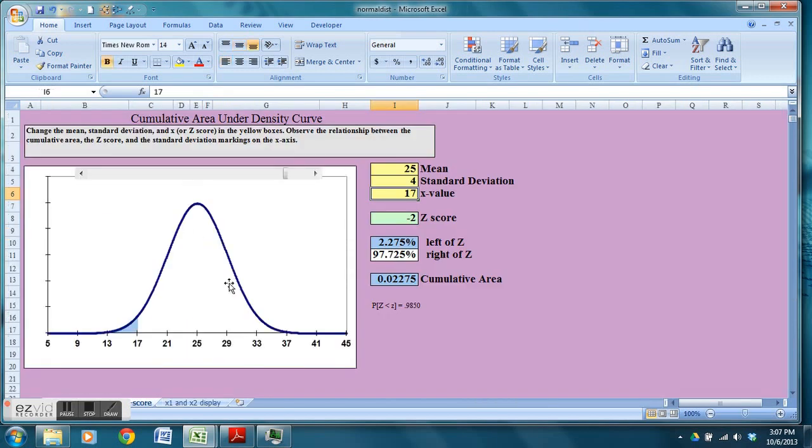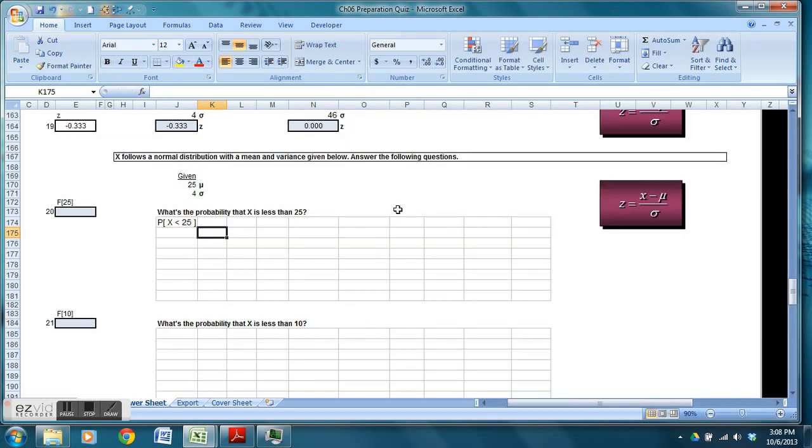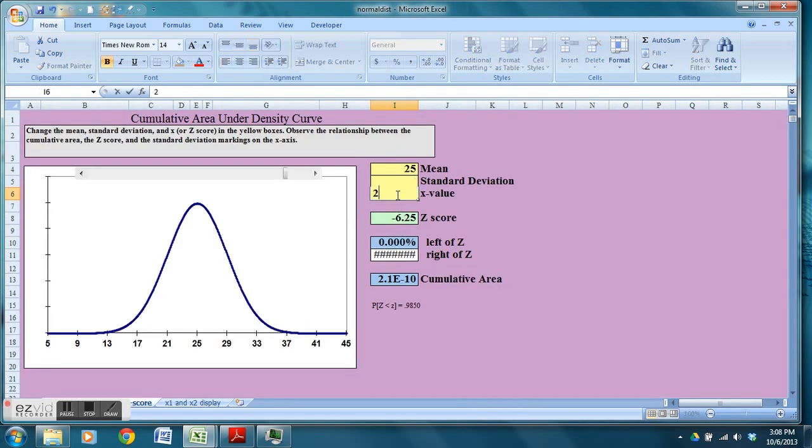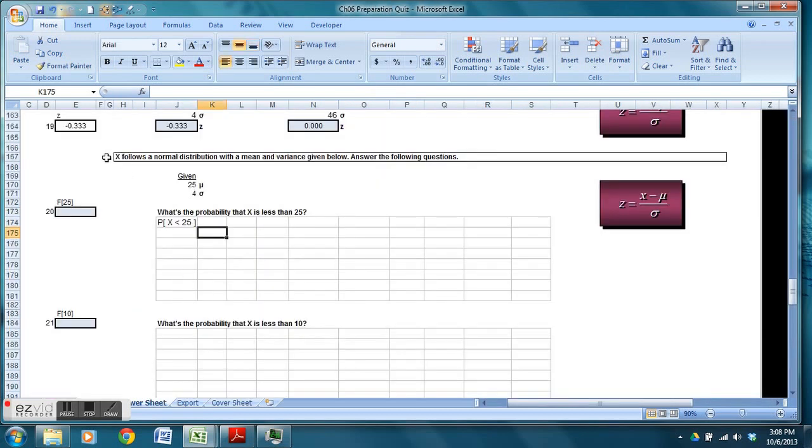That's 25, and we shade all the probability that we're interested in. The probability that it's less than 25. And now we can see, just looking right away, that this is 50%.